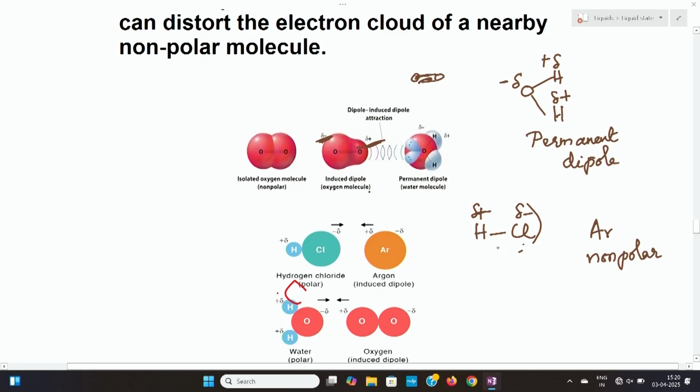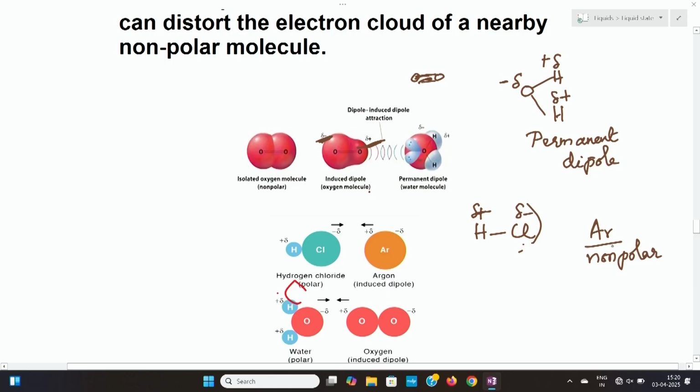Because of the electric field of the hydrogen chloride, the electron cloud of the argon is getting distorted, and this argon is getting a dipole, or this nonpolar argon will become a polar molecule now, and therefore here there is a partial positive charge and here there is a partial negative charge. Then there will be an interaction between hydrogen chloride and argon. This is what is happening in the case of dipole and induced dipole interactions.